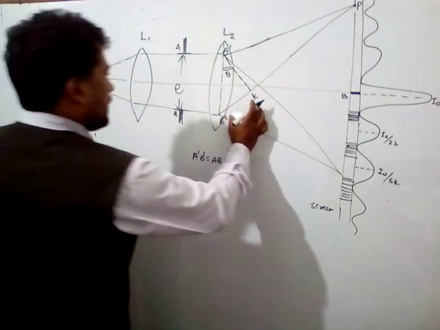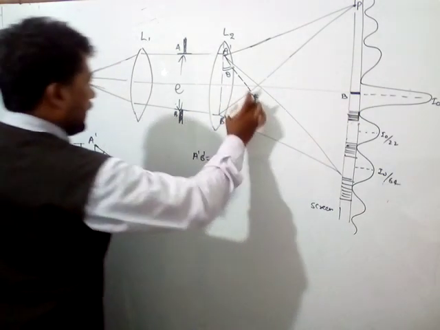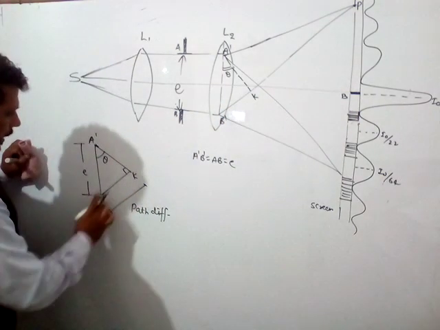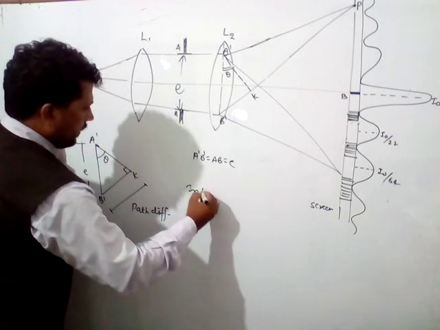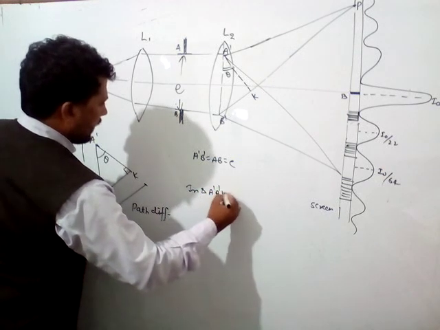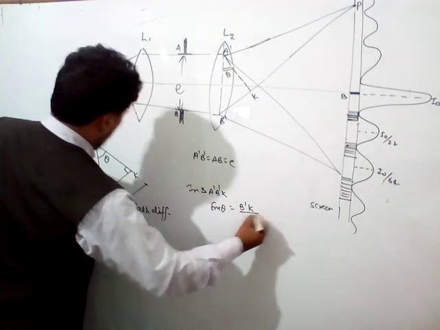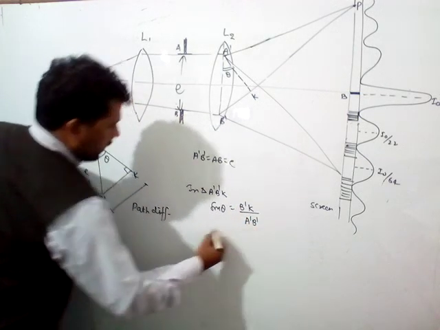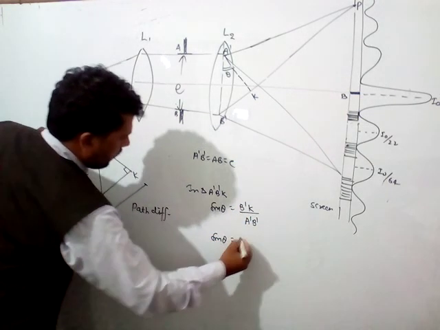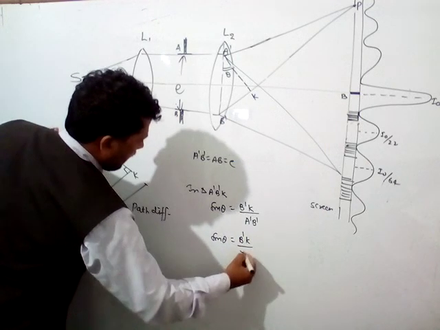So this is the path difference, B dash K. So in triangle A dash B dash K, sine of theta equals perpendicular upon base. So sine of theta is equal to B dash K upon small e.